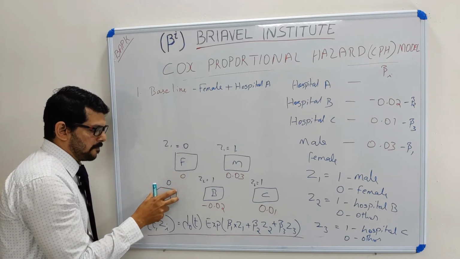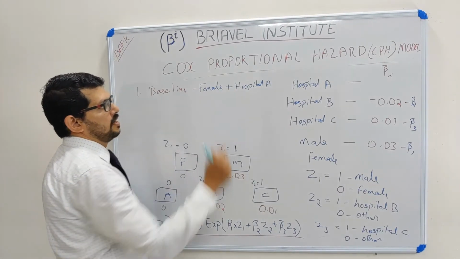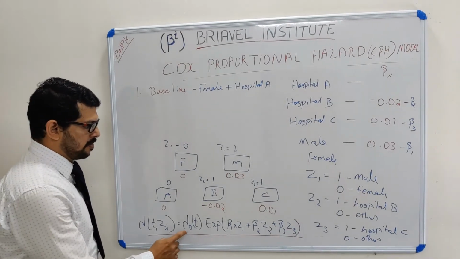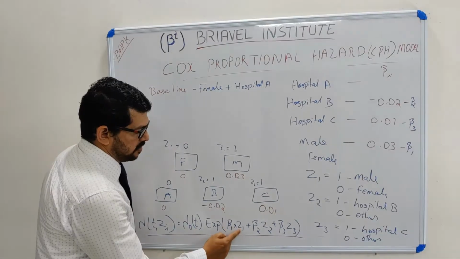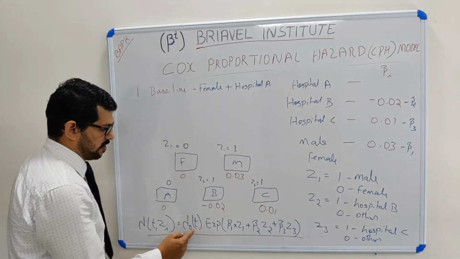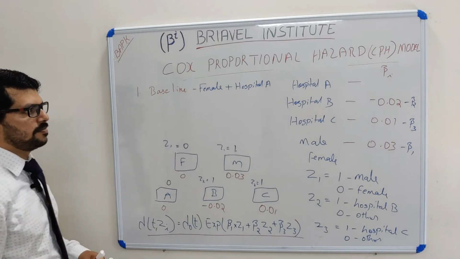So a female doing heart surgery in hospital A will be my baseline hazard. Female plus hospital A, so it will be lambda 0 t. Substitute here: Z1 is equal to 0, Z2 is equal to 0, Z3 is equal to 0. We got lambda 0 t. So this is my baseline hazard.